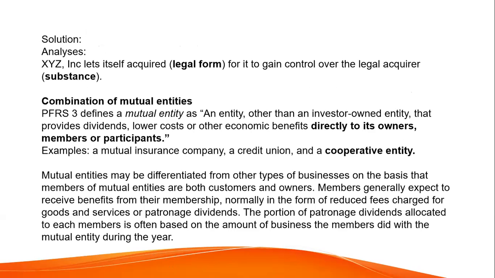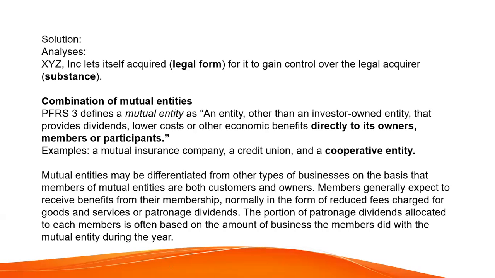PFRS 3 defines a mutual entity as an entity other than an investor-owned entity that provides dividends, lower costs, or other economic benefits directly to its owners, members, or participants. Examples: a mutual insurance company, a credit union, and a cooperative entity.